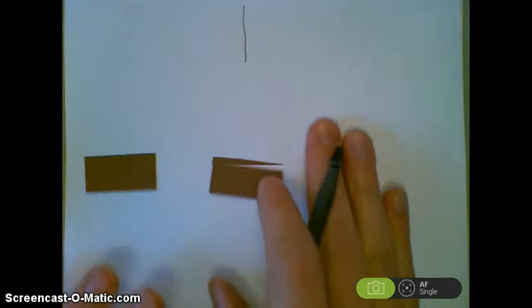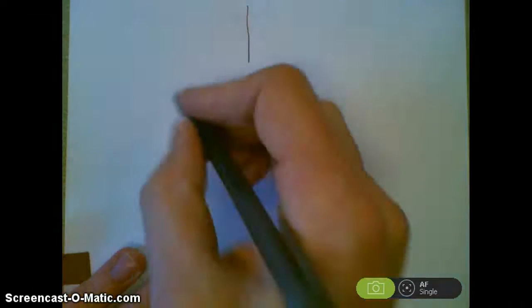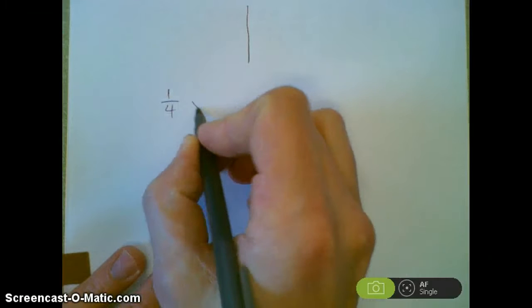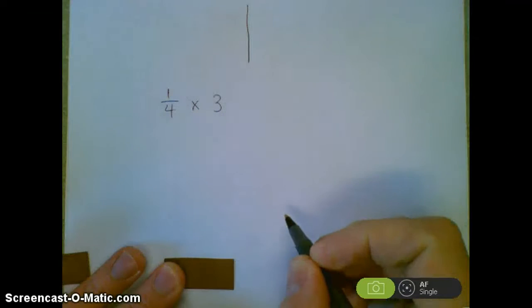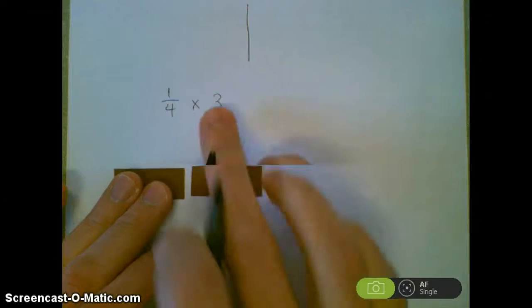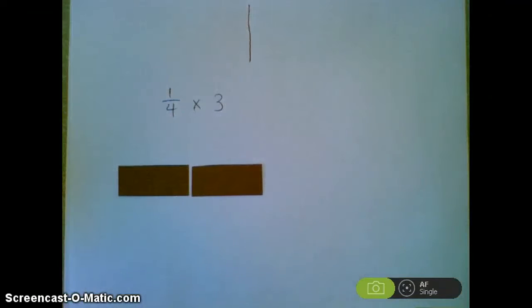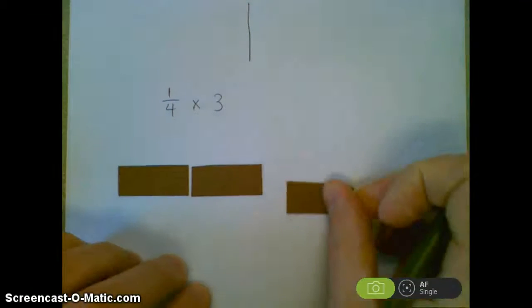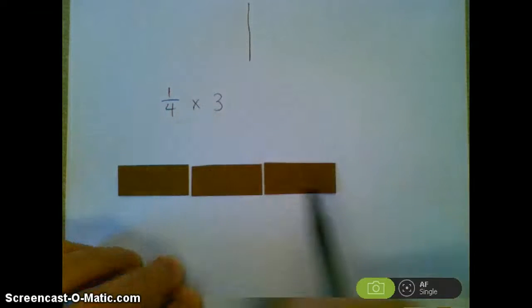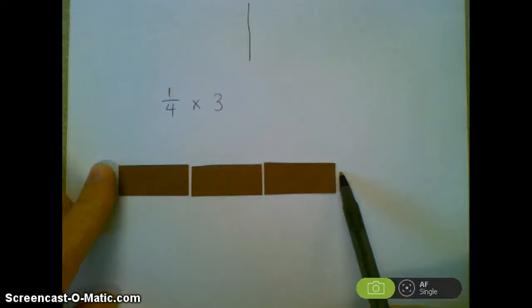Do another example here. Let's say 1/4 of 3. 1/4 times 3. Okay, so I'm going to start with 3 Milky Ways end to end. Delicious chocolatey Milky Ways. I want 1/4 of that total length.